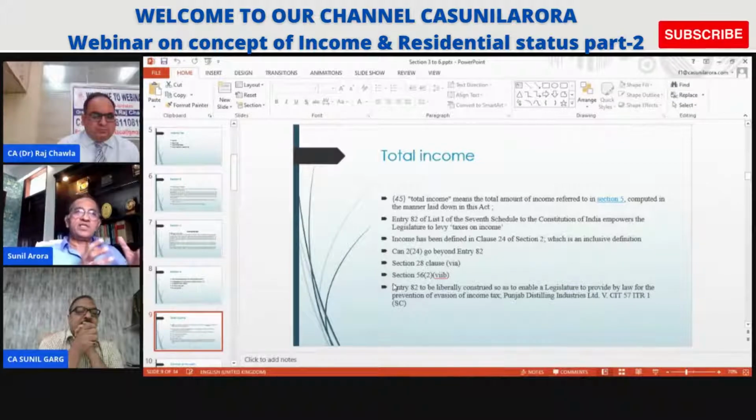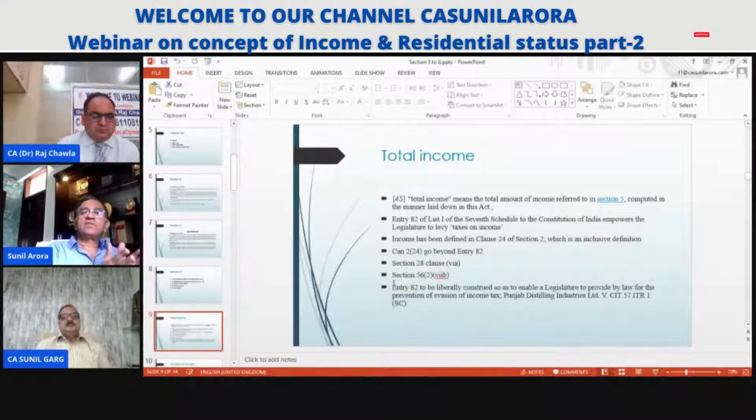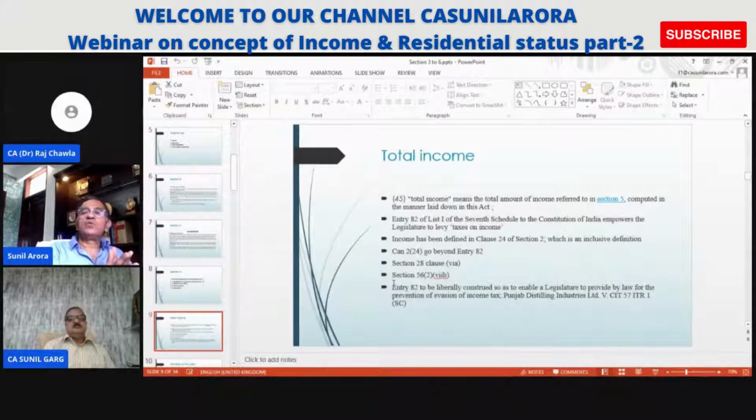Here, the charge basically is that it is to be levied on the total income. Now, this power to levy tax comes as per entry 82 of list 1 of the 7th Schedule of the Constitution of India, which empowers the central government to legislate to levy taxes on income. Income has also been defined in clause 24 of section 2, which is an inclusive definition of income.